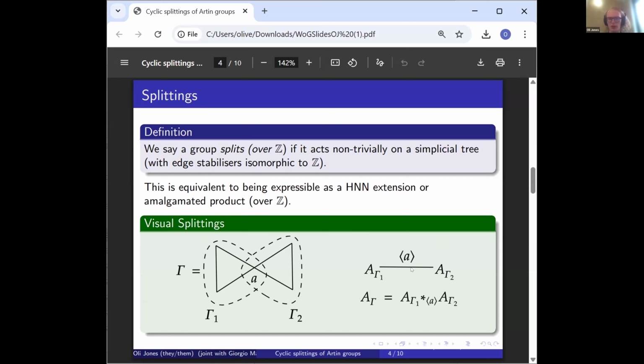If you're not familiar with that, you should just think this is an edge in the tree, which is a fundamental domain, and the stabilizers of the two vertices are A gamma 1 and A gamma 2 respectively, and the edge stabilizer is the subgroup generated by A, which of course is isomorphic to Z. And it should at least be reassuring, if you've not seen this before, that the intersection between A gamma 1 and A gamma 2 is the subgroup generated by A, and if you fix both endpoints of an edge, then you should fix the edge. So this kind of makes sense, but given this data, you can develop out into a full action on a tree.